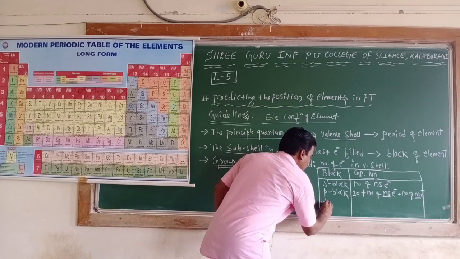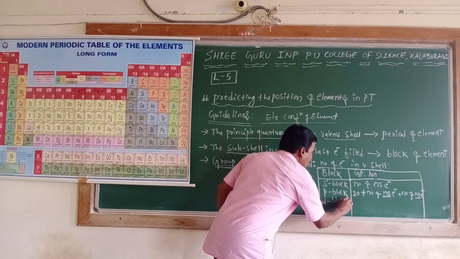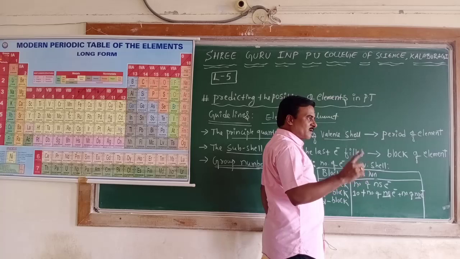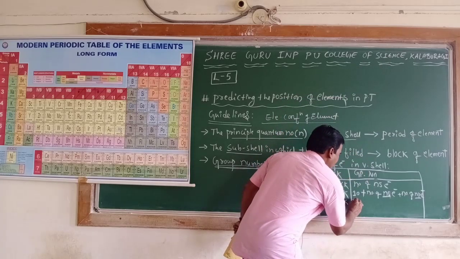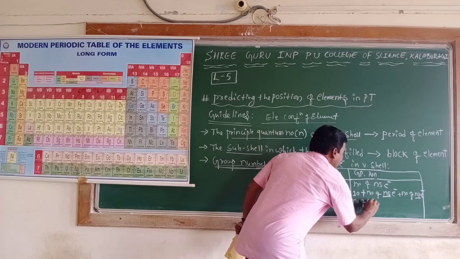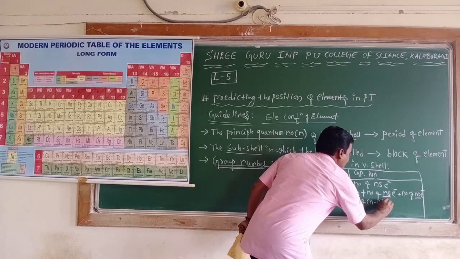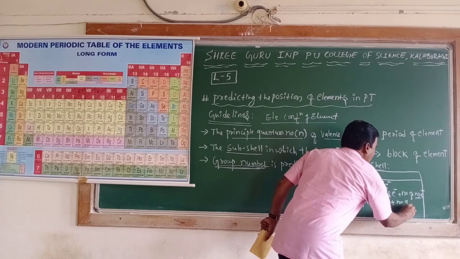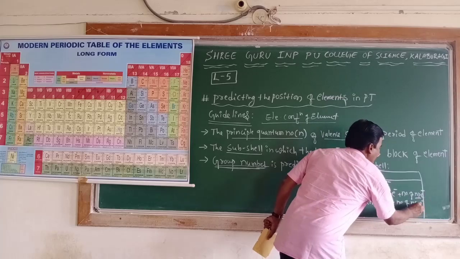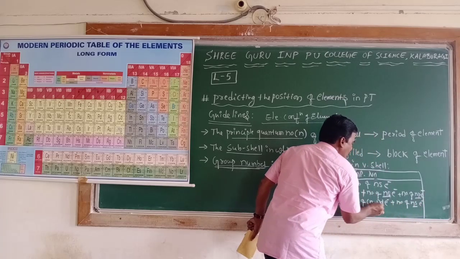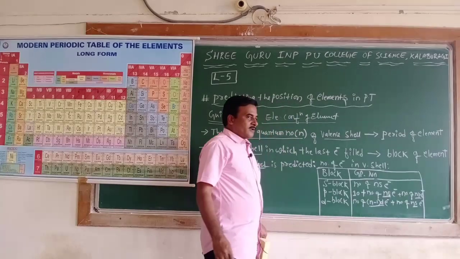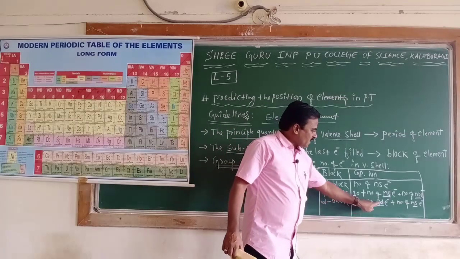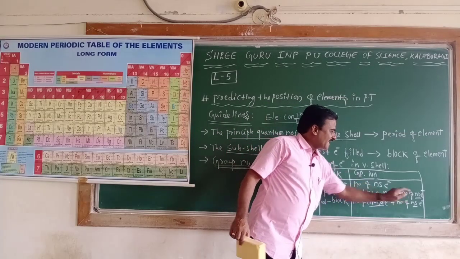In case of d block, the group number is predicted by the number of (n-1)d electrons plus the number of ns electrons.